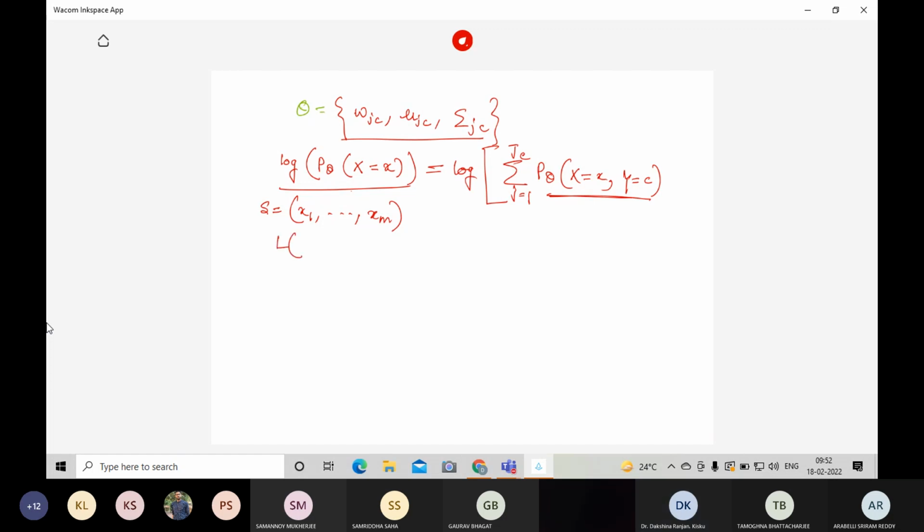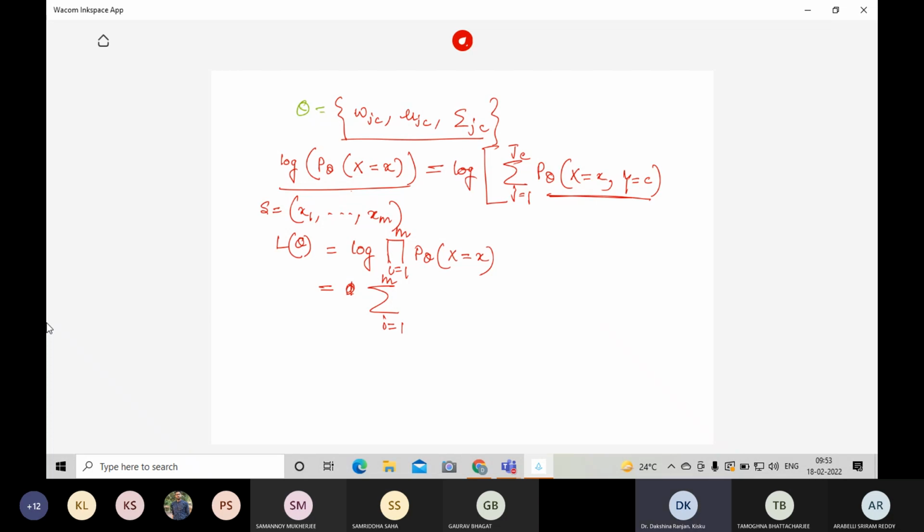So for that we could write L of theta, which is given by log of the product over i equals to 1 to m of p theta, X equals to small x. Here i equals to 1 to m, since we are considering a sample space S given by m data points.